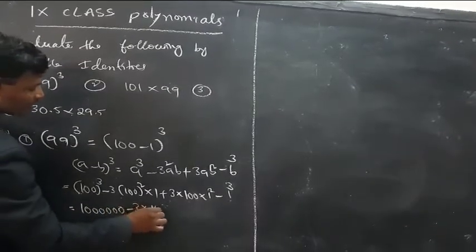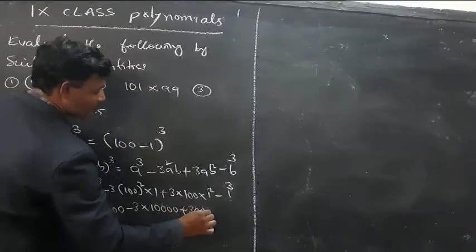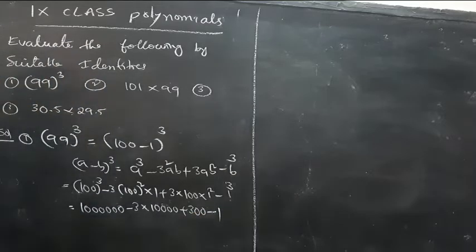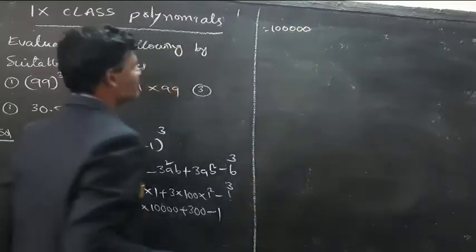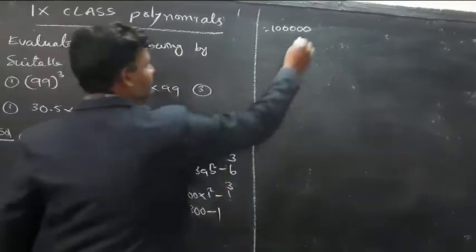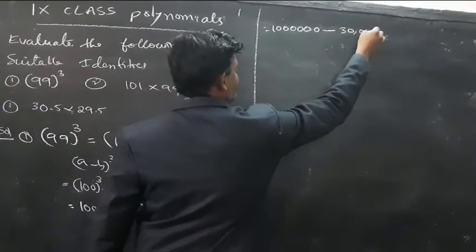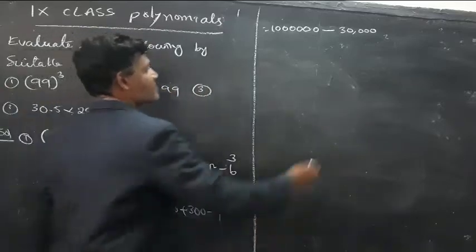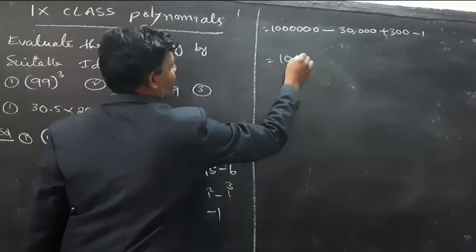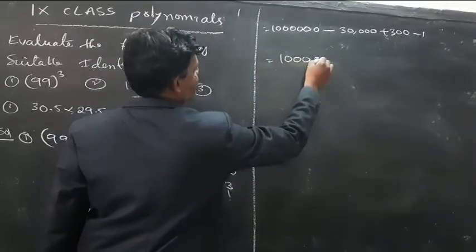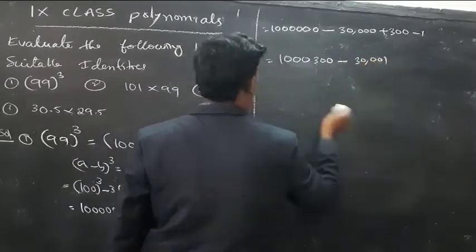So minus 3 into 10,000, plus 300, minus 1. Minus 30,000. Now subtract the values.